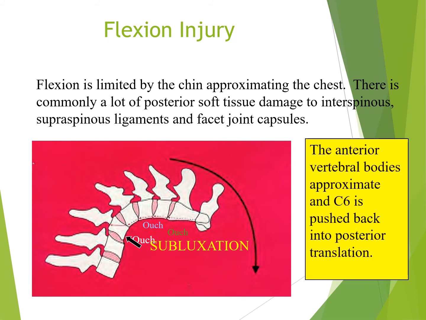When that happens, it does translate that force typically down to the C5, C6 area and tries to force that area into a posterior translation. This leads to soft tissue injury in the posterior aspect of the spine. It could be the facets, the joint capsules, or the ligaments connecting the spinuses back there, but it leads to some of the compressive injuries in the anterior part of the cervical spine.